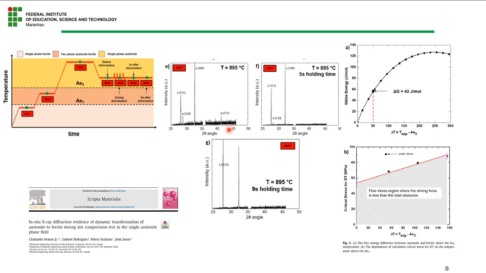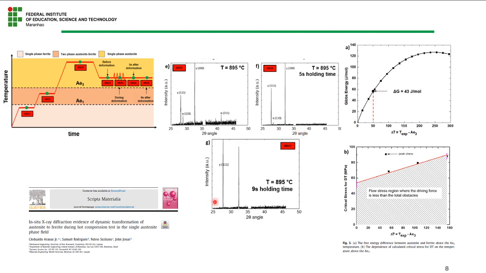As we finished the compression test and held for 5 seconds, that was this XRD detection, we still had some small amount of ferrite. So it means that after deformation at a temperature above the A3 line, we had ferrite. What this means is that, with holding time after deformation, ferrite transformed back into austenite because it tends to go to the more stable phase.